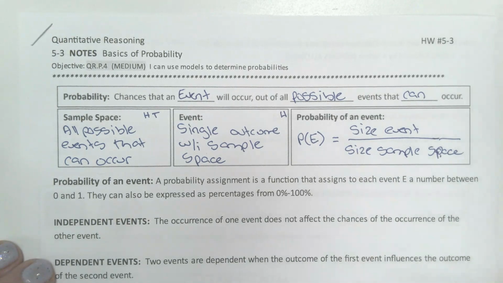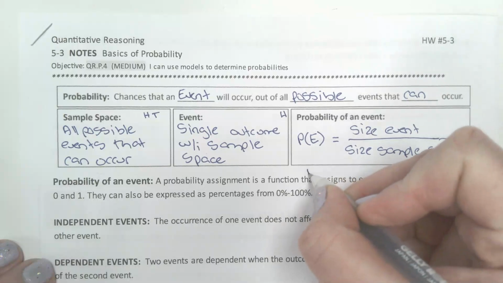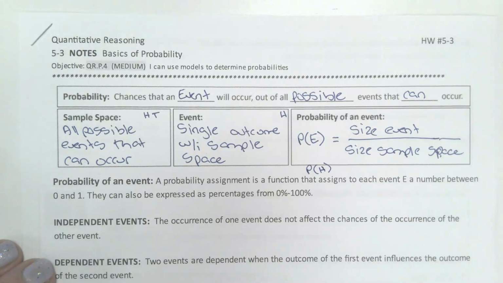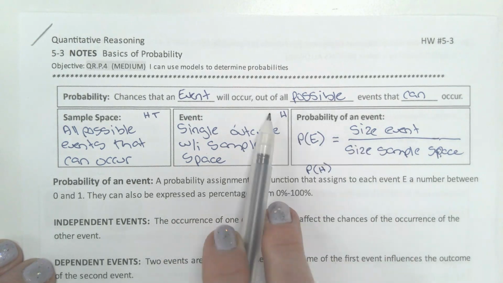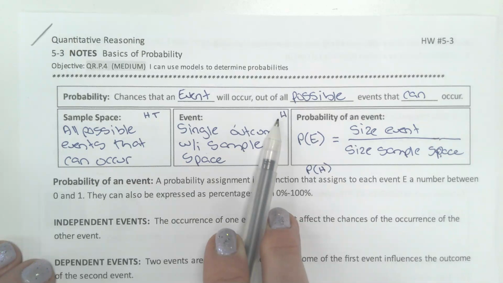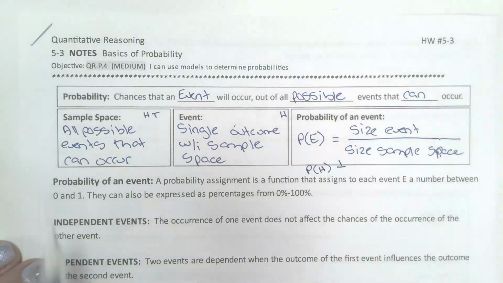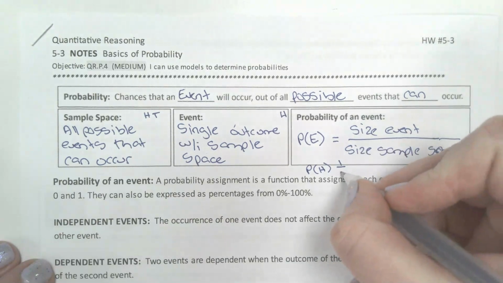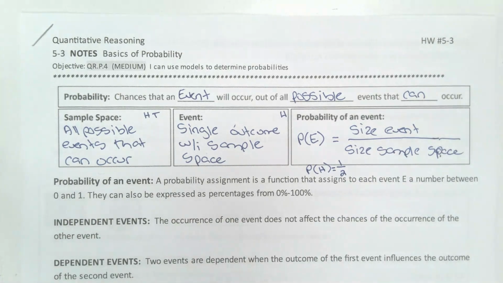So if I ask, what is the probability that I flip a coin and it comes up heads? The size of the event is 1, since there's only one way it can come up heads. The size of the sample space, a heads and a tails, is 2. I know I overcomplicated that, but sometimes the problems do get more complicated. But that is your reference.